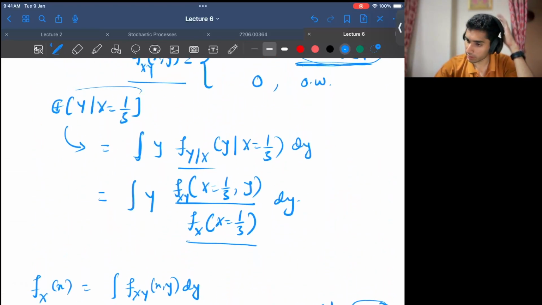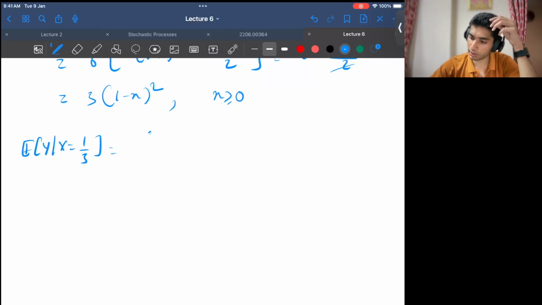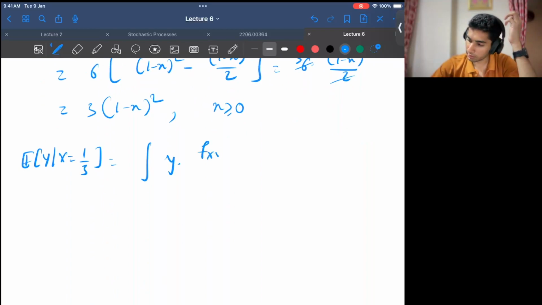So if this is the marginal, now using this formula, the expected value of y given x is equal to 1 by 3 is equal to the integral of y times fxy of 1 by 3 comma y divided by fx of 1 by 3 dy.